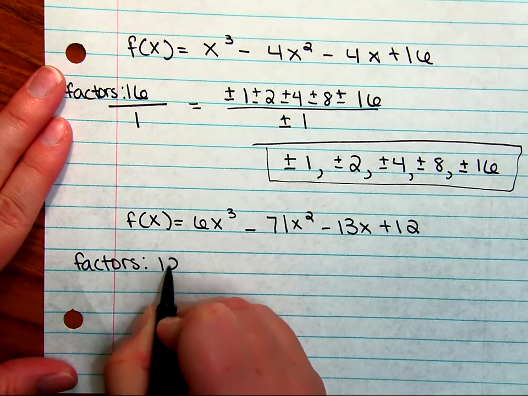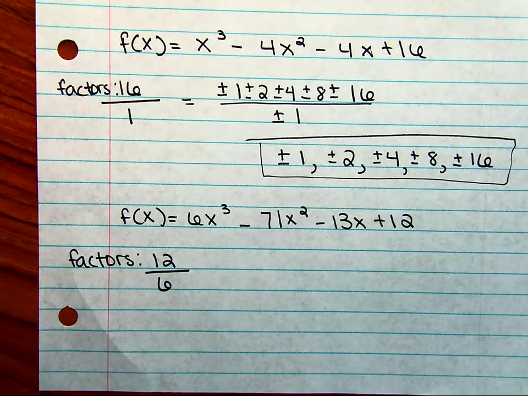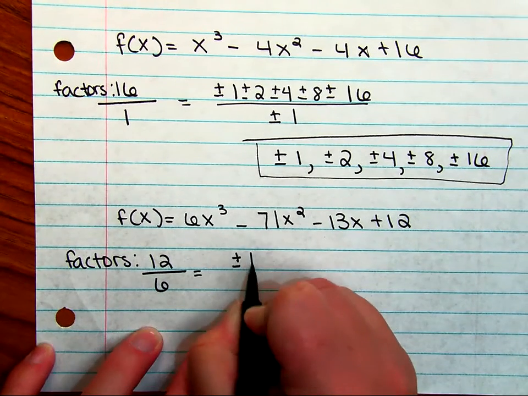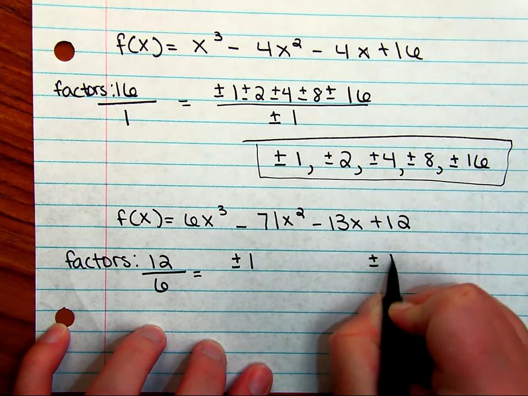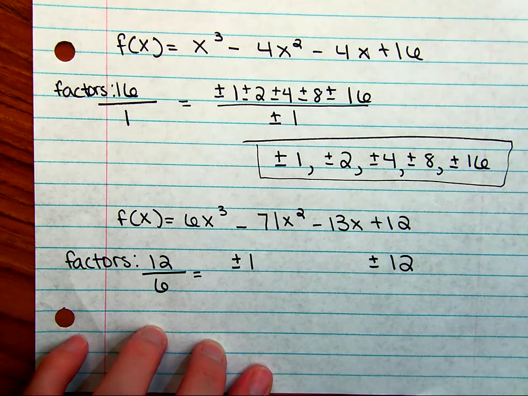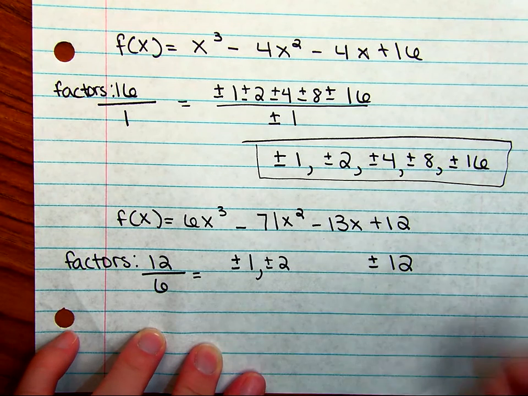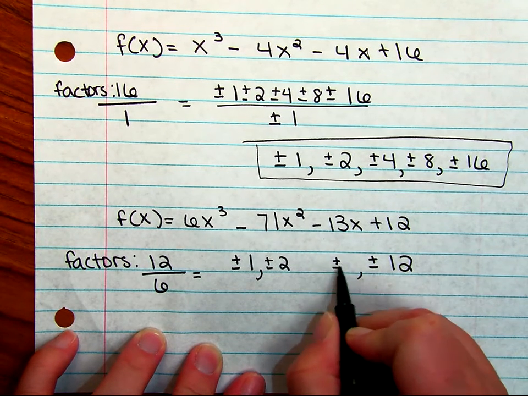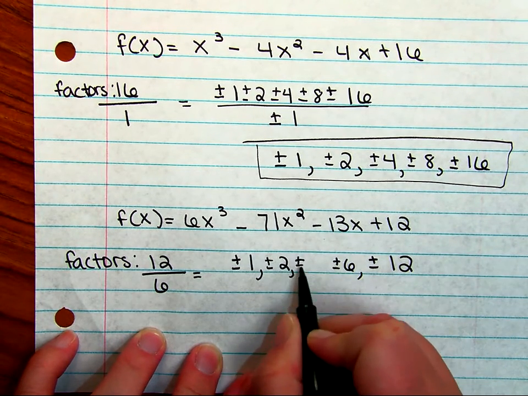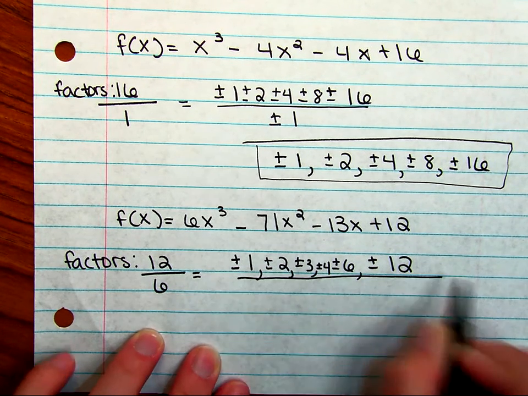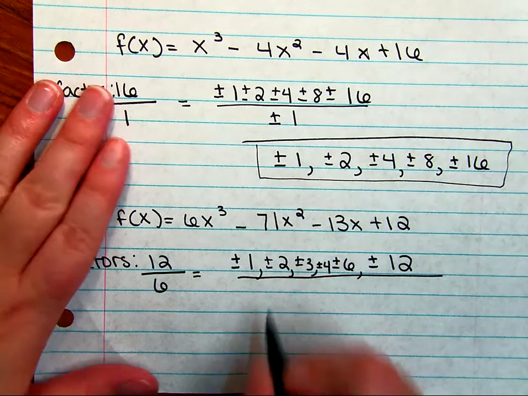Factors of 12 over factors of 6. All right? Plus and minus 1, plus and minus 12. And you certainly don't have to write yours like I do. Just make sure you get them all on there. Okay. And then factors of 6.